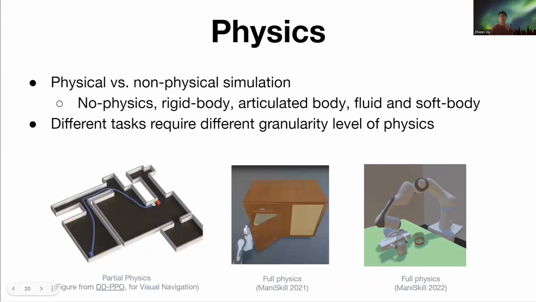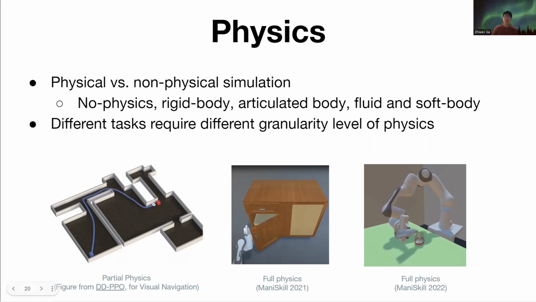The second factor is physics. There's a spectrum of physical simulation, ranging from no physics at all, rigid body physics, articulated body physics, to soft body physics. In reality, different types of tasks require different granularity levels of physics.